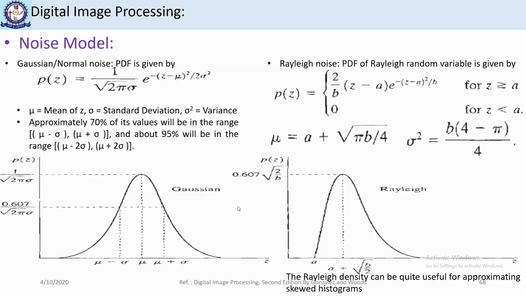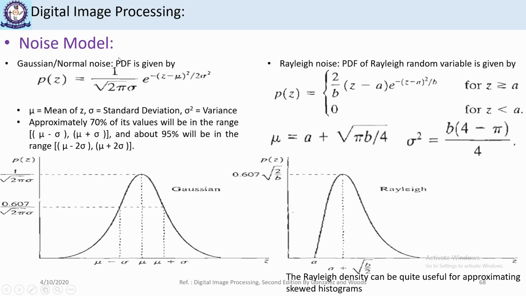Now, next comes the noise models. We will discuss some of the basic noises which are used to model the noises in the image. So the first noise is Gaussian or normal noise.